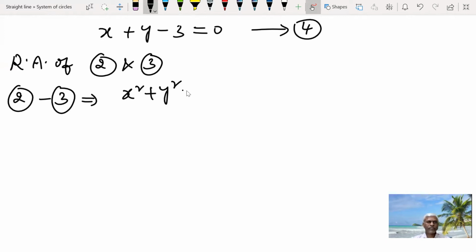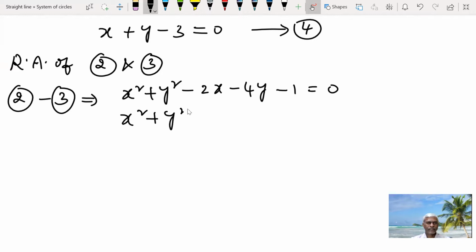Minus 2x minus 4y minus 1 minus 6 minus 2 is equal to 0.